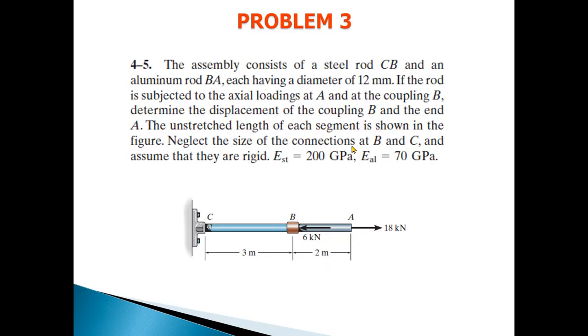Neglect the size of the connection at B and C and assume that they are rigid. Modulus of elasticity of steel is 200 gigapascal and of aluminum is 70 gigapascal. This is our question number 3. Now we have a member here in which we have 3 points.